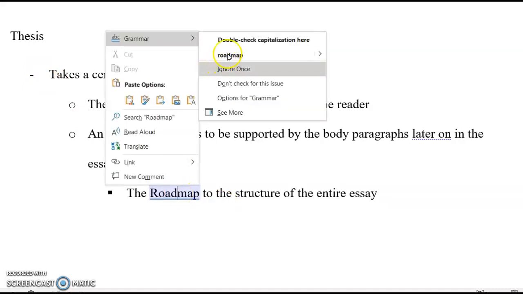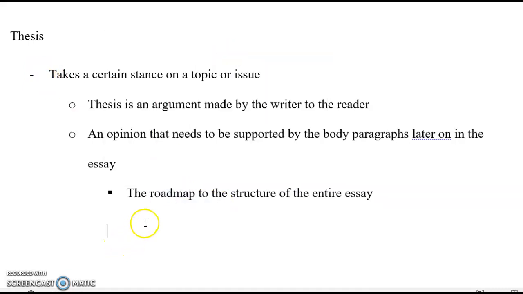The thesis is also very specific and not broad. And that is important because we need to make sure that the argument isn't too long whenever we're writing the paper.